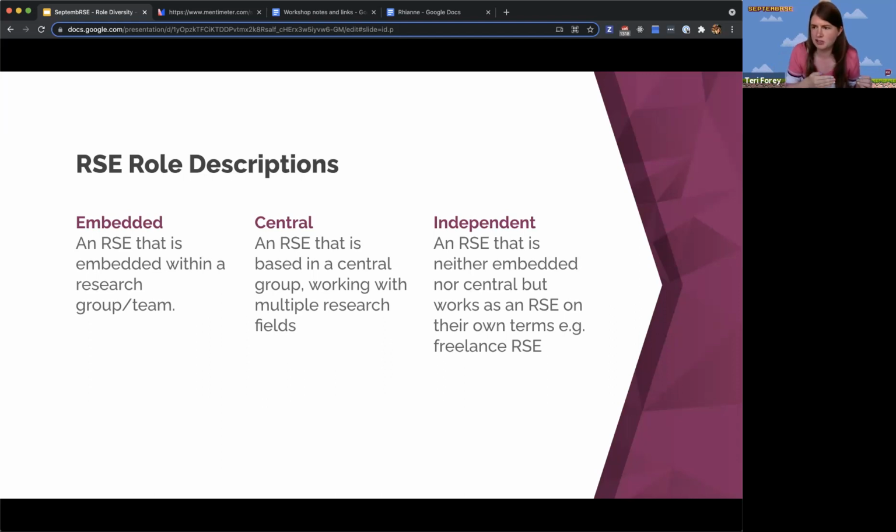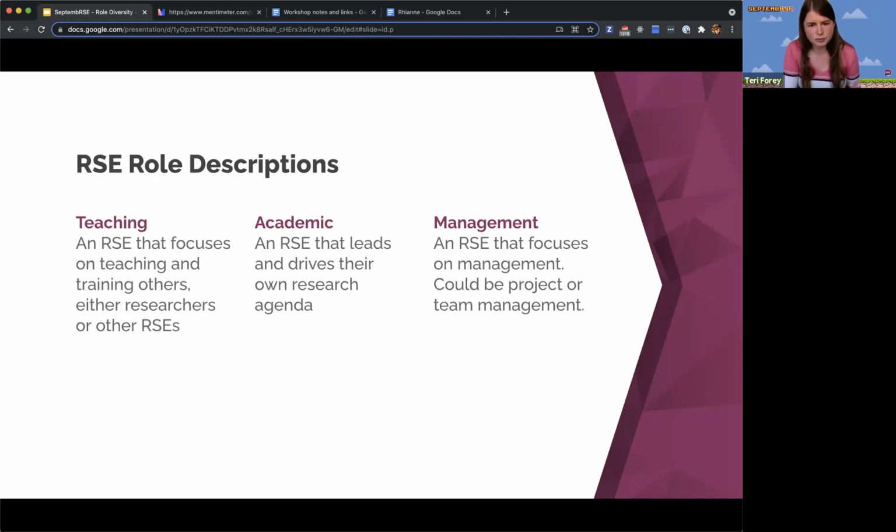These terms might apply to you, all of these might apply to you, or they might be conflicting in your role, who knows. There's the independent RSE, so someone who's neither central nor embedded, works as an RSE on their own terms. This could be like myself doing freelance work. This could be a fellow who has their own fellowship, their own money, kind of does their own thing within a university.